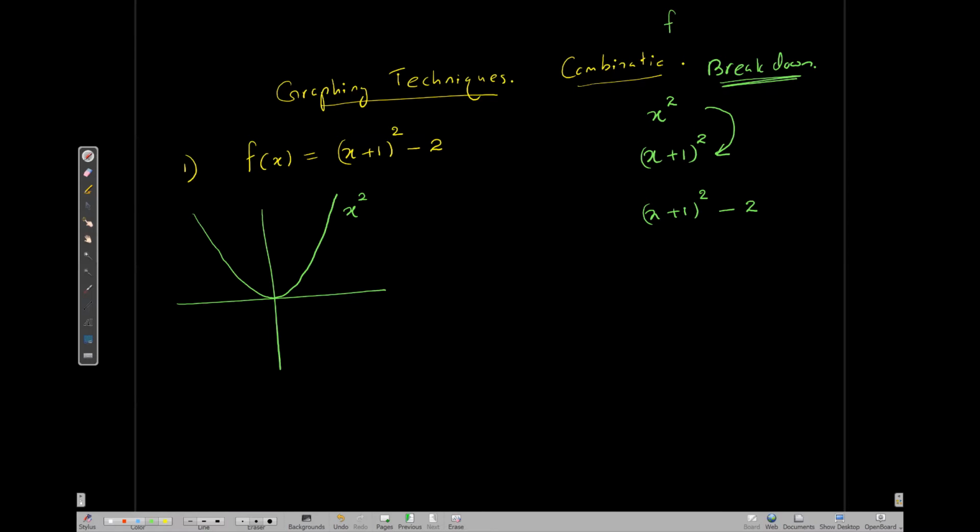It has the f of x plus c form, so one unit to the right, and from here to here it has the f of x plus or minus c form, right? So two down. Let me write it like that.